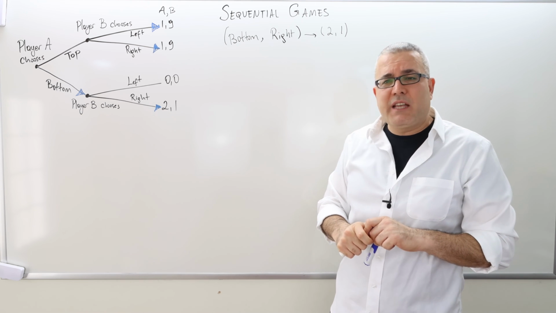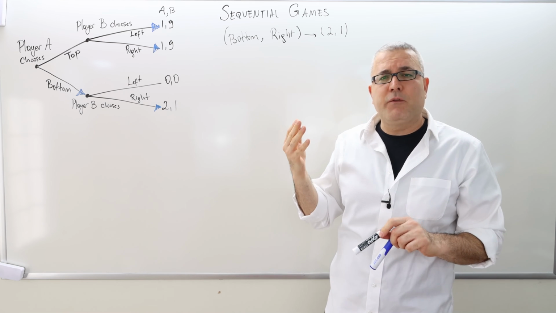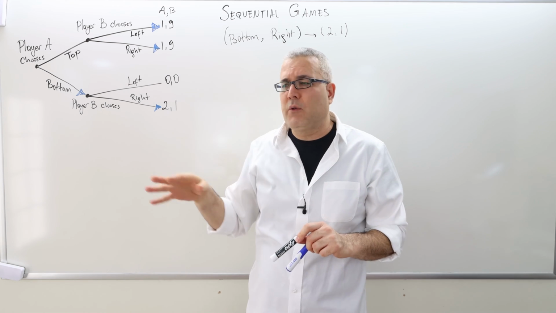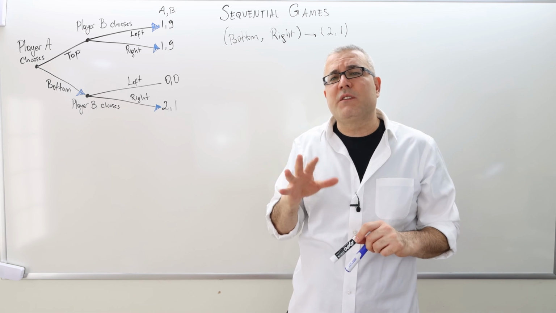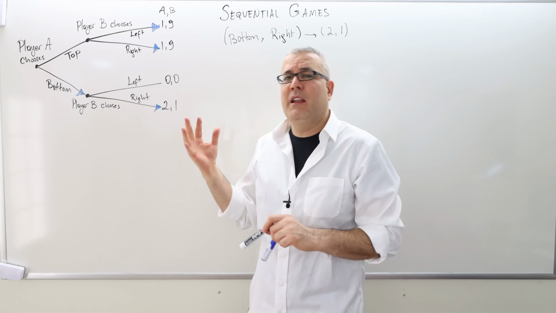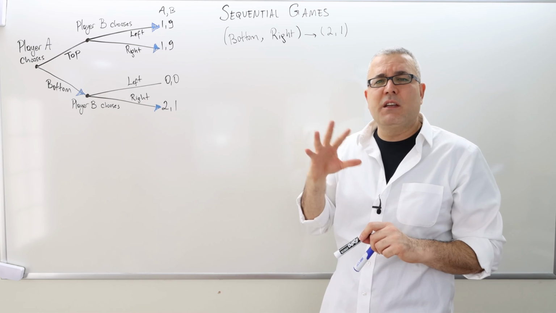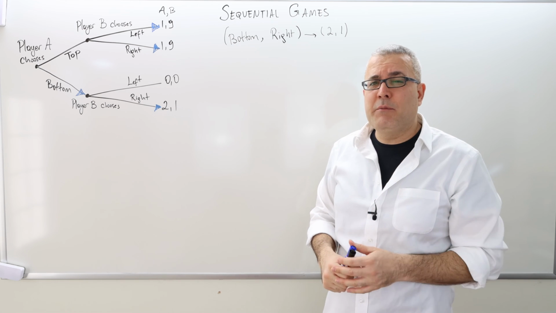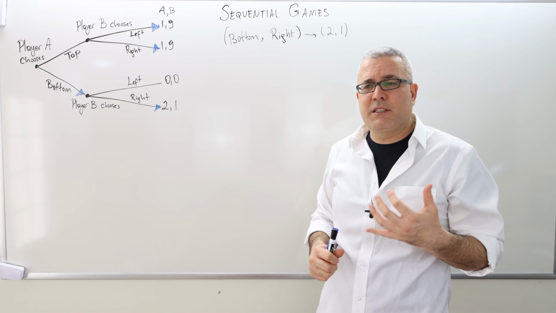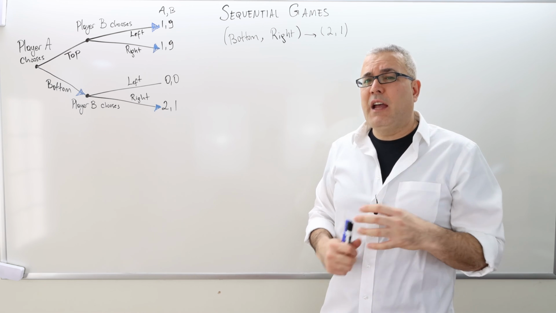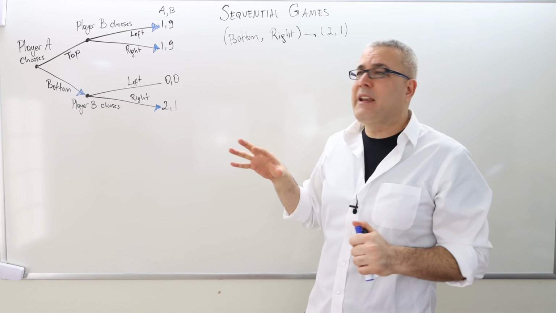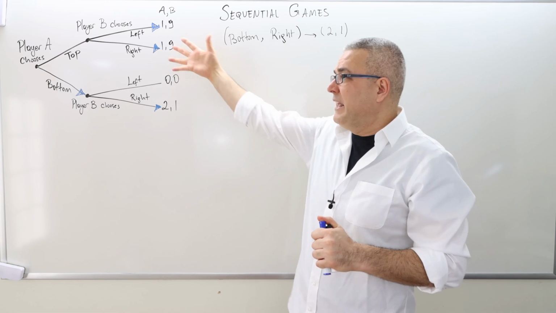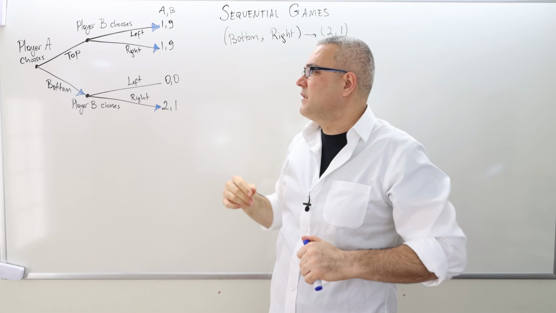We, of course, have an equilibrium concept for extensive form games, and we call it subgame perfect Nash equilibrium. It's a bit more complicated than backward induction because it uses the concept of strategies, and strategies in extensive form games are more complicated animals than actions like left and right.